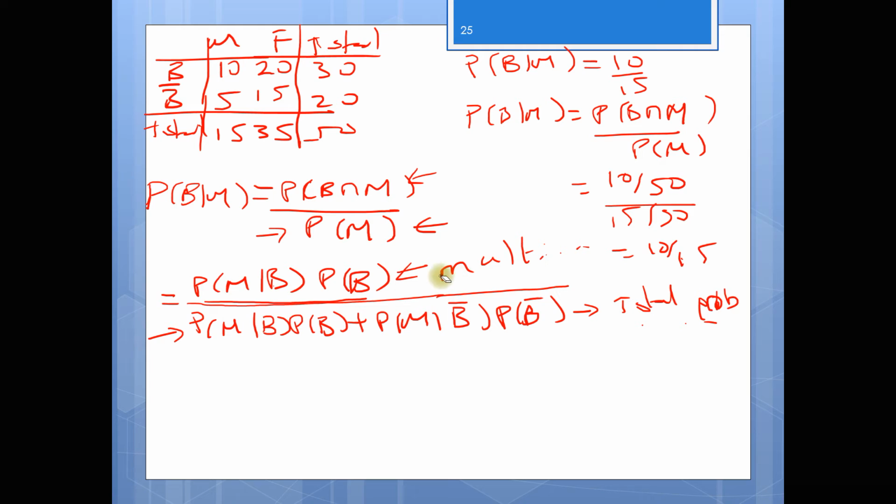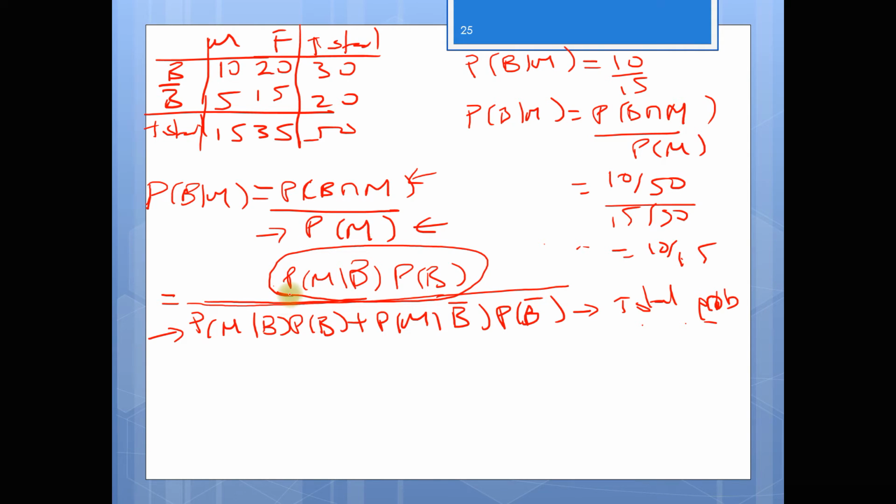So remember, in the numerator I applied the multiplication rule, and in the denominator I applied the total probability theorem. Now, just for your information, you would see that each time you apply the Bayes theorem, whatever you got in the numerator will also come back in the denominator, all right? This is something that you need to realize.